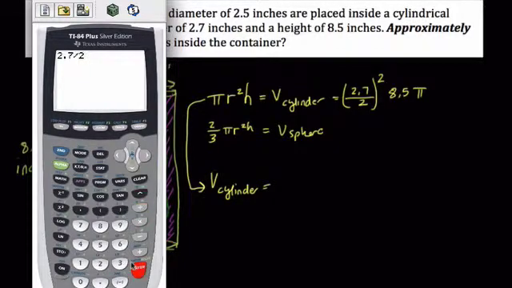2.7 divided by 2. So our radius is 1.35. Then I square it. So I've taken care of this first part of the volume. Then times 8.5, enter, and then times pi. You'll have a pi button, or I'm going to use second exponent for pi, and we get our volume, 48.66719.